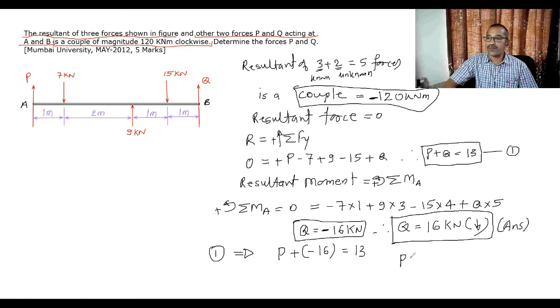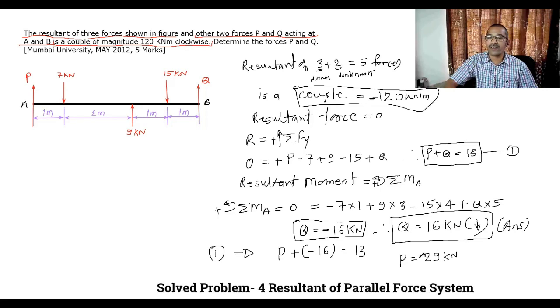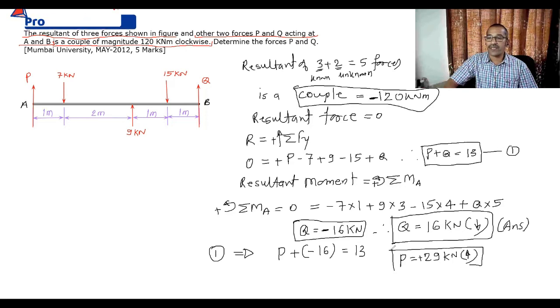Therefore P comes out to be 29 kilonewton. At 29 kilonewton the answer is positive, which means the assumed direction is correct. Therefore P is 29 kilonewton upward and Q is 16 kilonewton downward. Okay. Thank you.